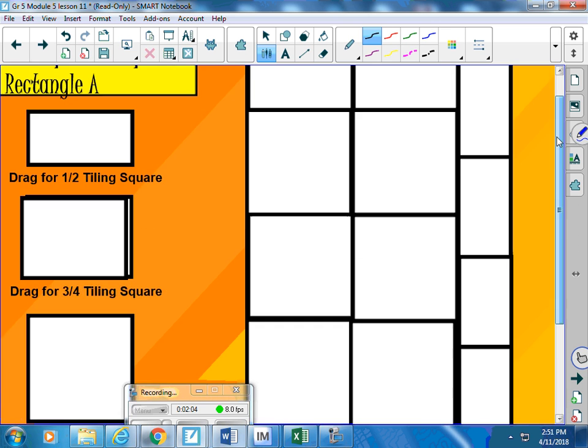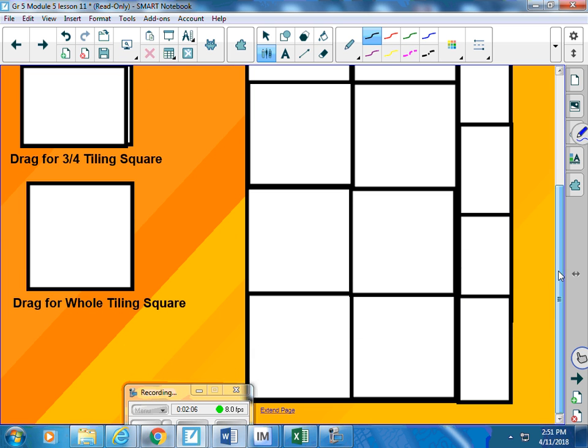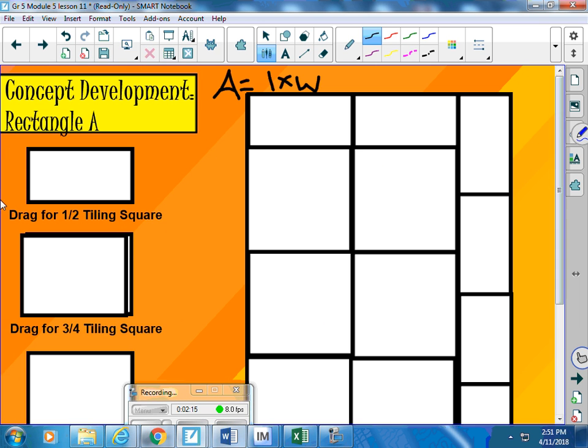So I went ahead and I've dragged my tiles over. And for this one, if you notice, this was my whole, and so I used two of those. And then I had a half that I flipped over.